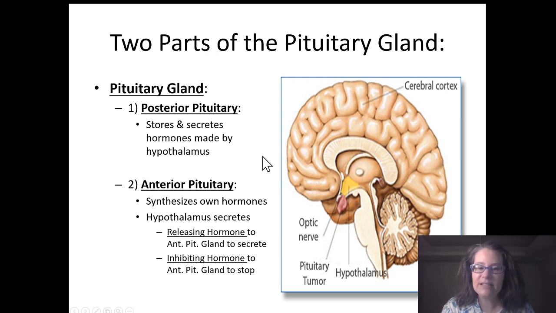The posterior pituitary stores and secretes hormones made by the hypothalamus, so it's directed by and highly connected to the hypothalamus. The anterior can synthesize some of its own hormones, but still waits for a signal, either a releasing hormone or inhibiting hormone from the hypothalamus, to tell it when to release and when not to release its hormones. So the hypothalamus is still directing the traffic of these hormones.